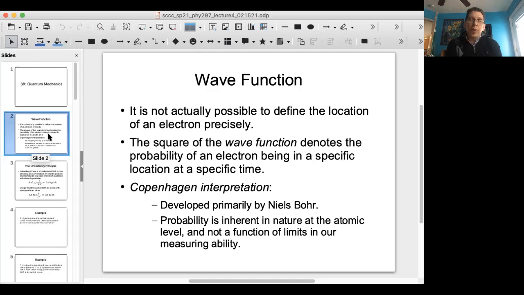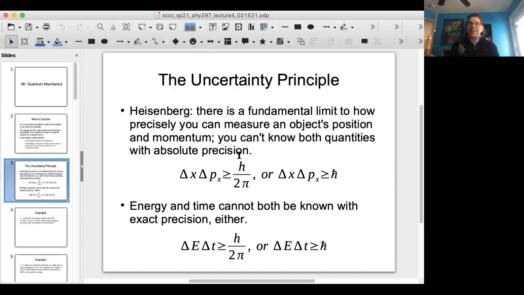And what Bohr and Werner Heisenberg concluded was that there is an actual physical limit to our ability to measure things, and measuring to a greater precision than that limit is, by the laws of physics, impossible. So that limit was defined by the Heisenberg uncertainty principle.